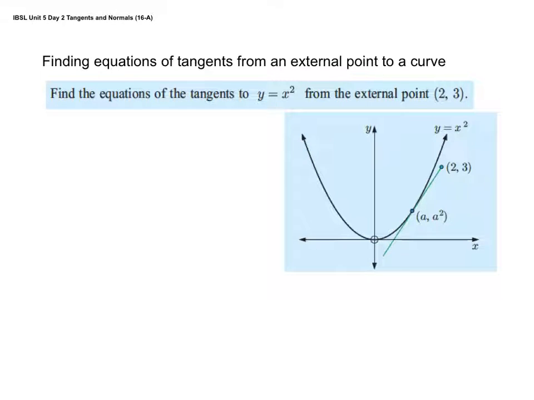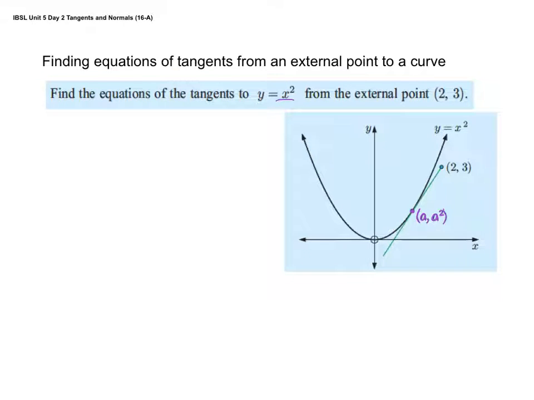So you'll notice the first thing they did, they identified this point as some random number a for x, and then since we have x squared, they plugged a into the function and got a squared for the y coordinate. So they have a generic point on the curve using a, and there's nothing special about a, they just chose to use a.